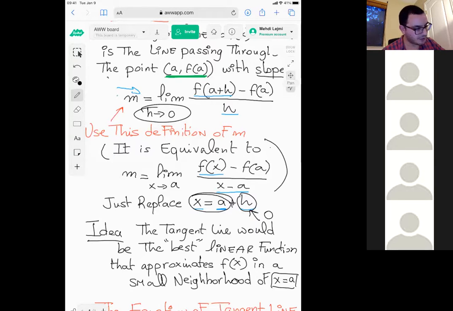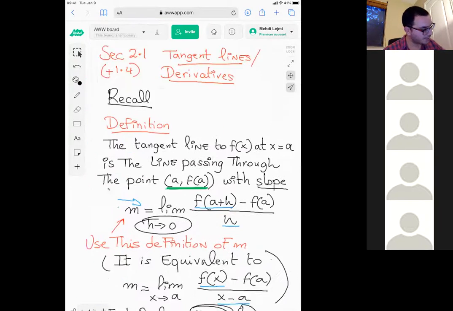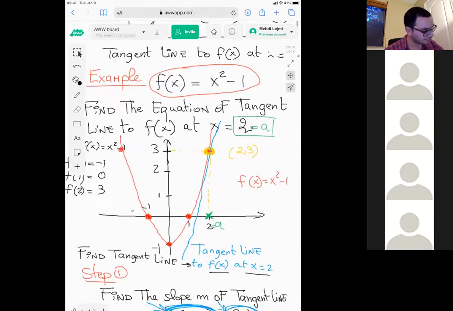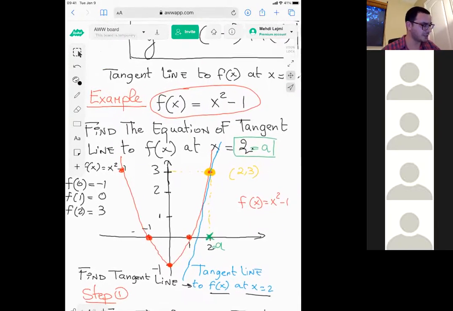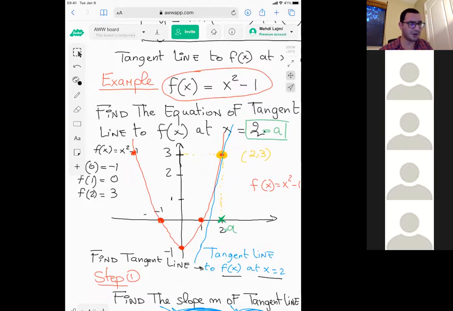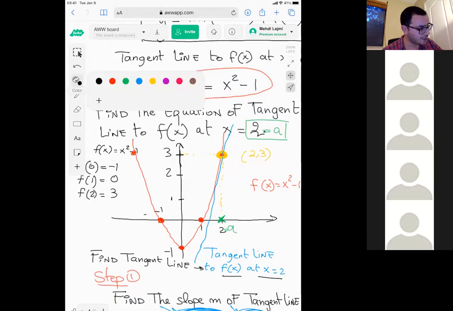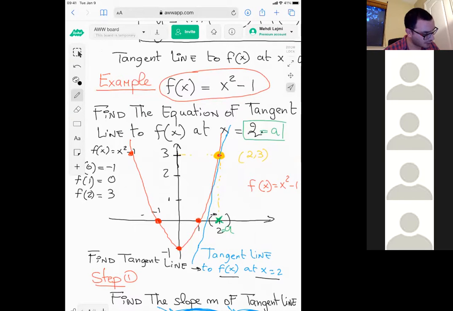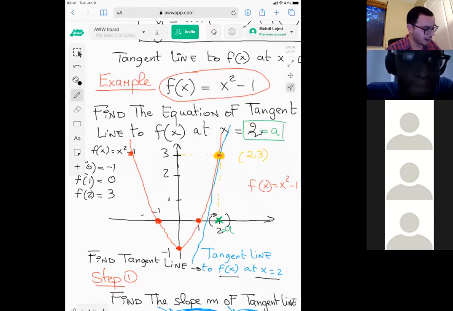Remember when I said the definition of the tangent line, it's supposed to be the best linear approximation of the function in a small neighborhood of a. So if you are in the small neighborhood of a, you are very close to a, so the values of x approach a.